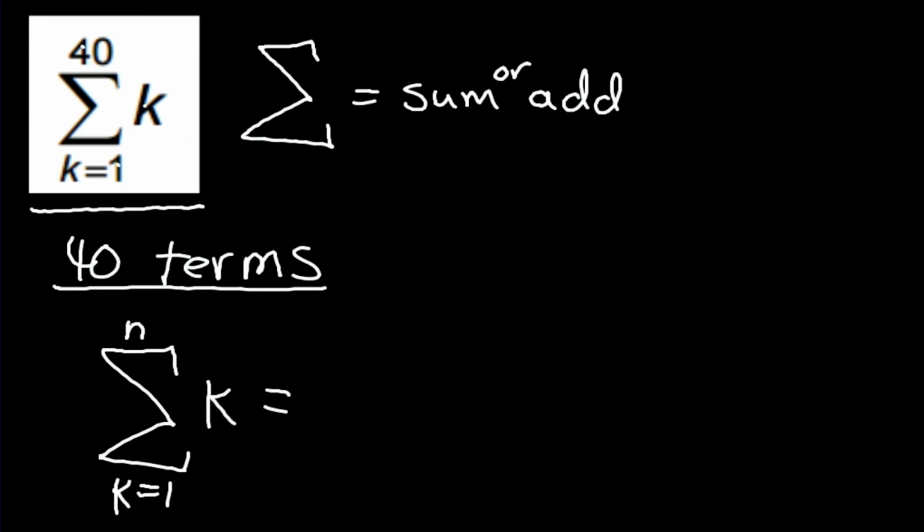I call it a shortcut because it's shorter than cranking out 40 terms. We've got this other formula that says if we take n and multiply it times itself plus 1 and then divide that by 2, that will give us the total sum.